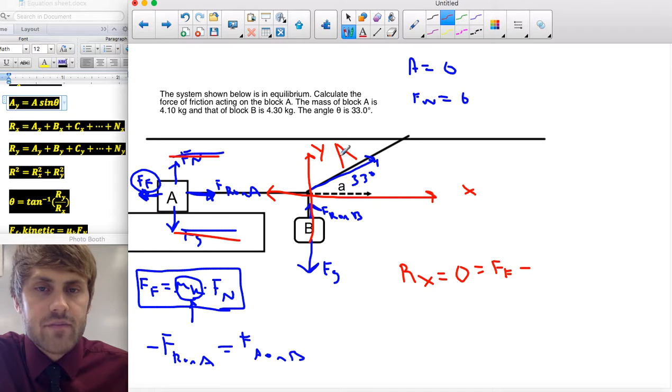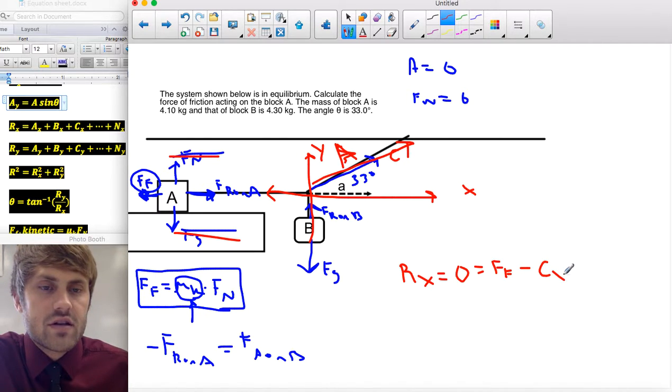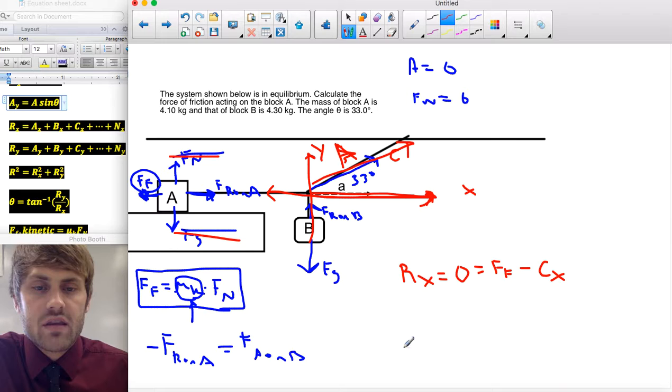We don't want to call him A because that's A. We'll call him C. So this line right here, I'm going to call C. So minus, and C is going to have two components, so minus C of x. So the component of C that is pulling in the x direction has to be equal to our force of friction.